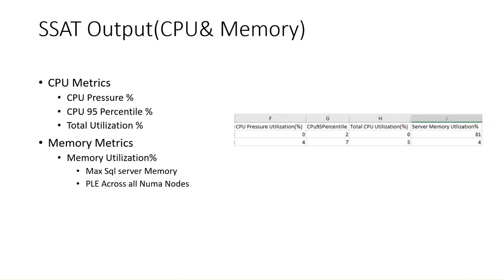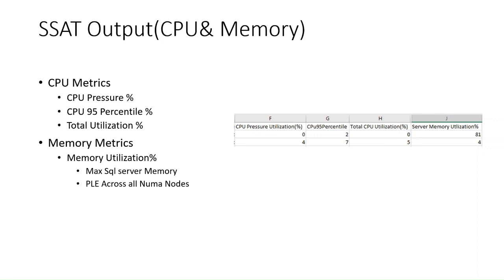The SSAT output has two main sections: CPU and memory. For the CPU, you get three different metrics. The CPU utilization based on the 95th percentile, and the CPU utilization which is the average. Then the CPU pressure, which looks at any data point that's over 80%.